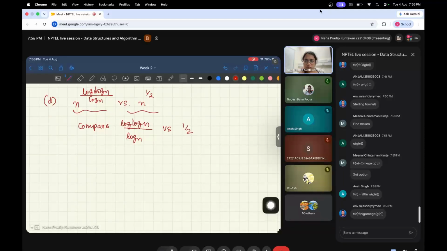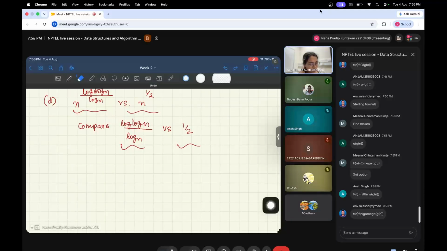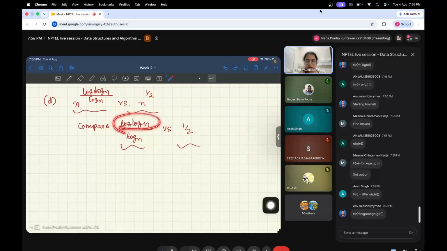Which is smaller among the two? Here on the numerator you have a smaller quantity, and on the denominator you have a larger quantity. For example, if n were 2 to the 16, then this quantity is going to be 4 by 16, which is 1 by 4, and this is still 1 by 2.